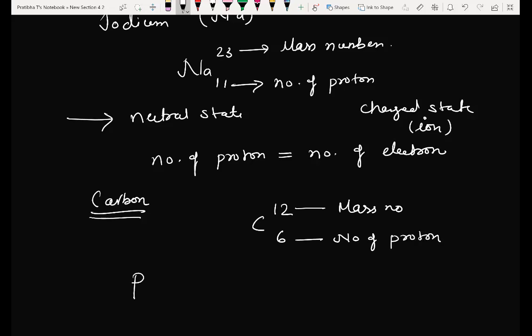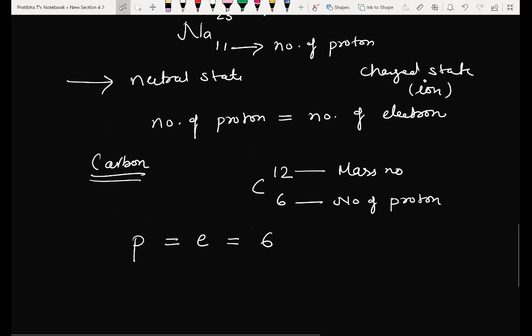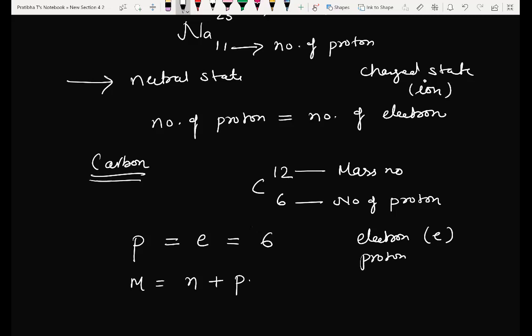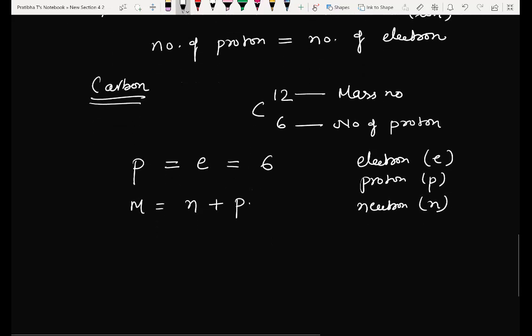As I said, in the neutral state, the number of protons is equal to the number of electrons. So don't you think they both are 6? Now, what is this mass number? It is the sum of neutrons and protons. I will use abbreviations. For electron, I will write E. For proton, I will write P. And for neutron, I will write N. So this mass number is how much?